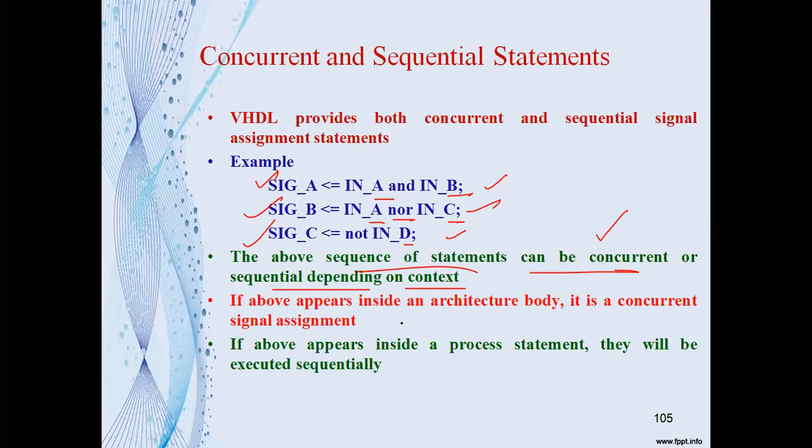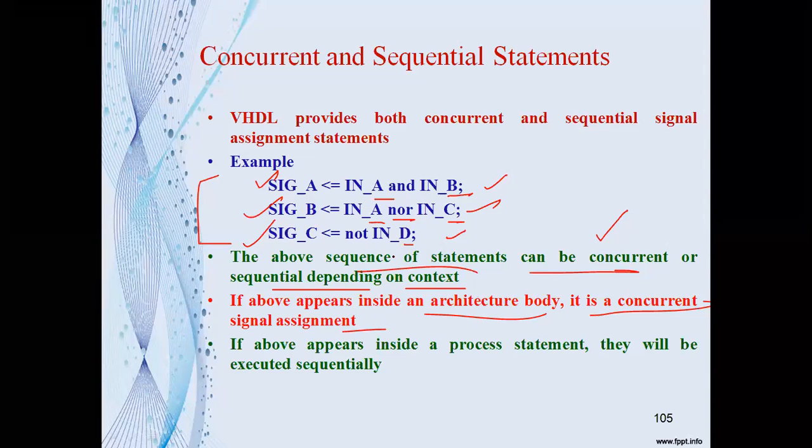For example, we have taken three statements here: signal A, signal B, signal C. If you place these statements in the architecture body, they are known as concurrent signal assignments.